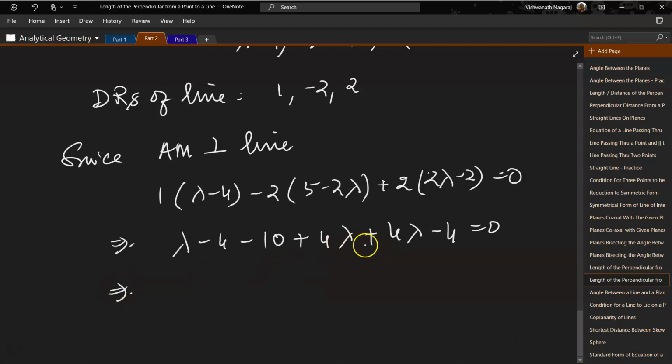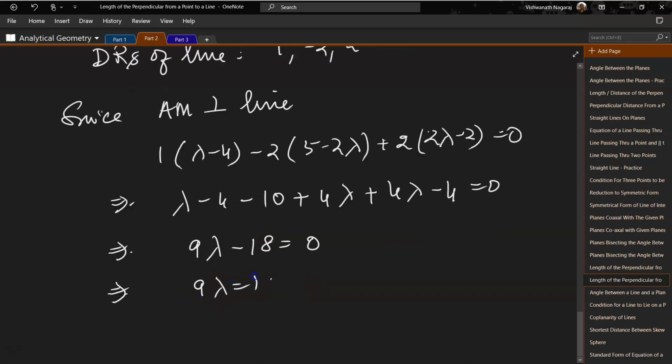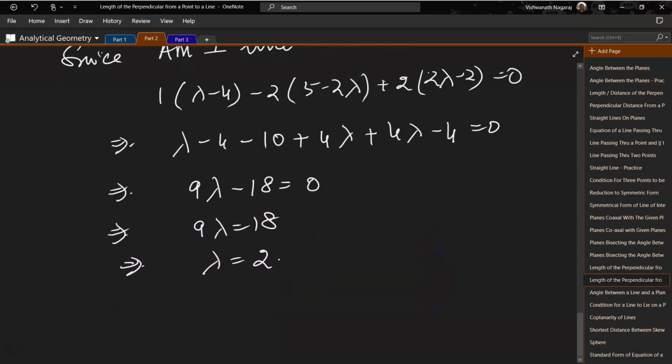Which implies 9 lambda, minus 4 minus 10 minus 4, that is minus 18, equal to 0, which implies 9 lambda equal to 18, which implies lambda equal to 2. That means lambda minus 4, 2 minus 4 is minus 2.